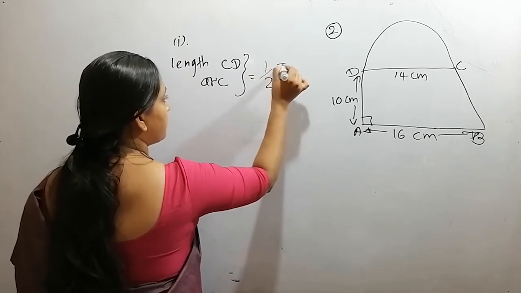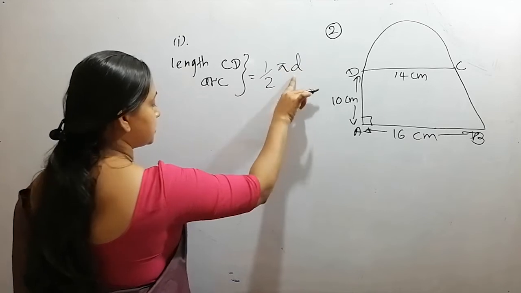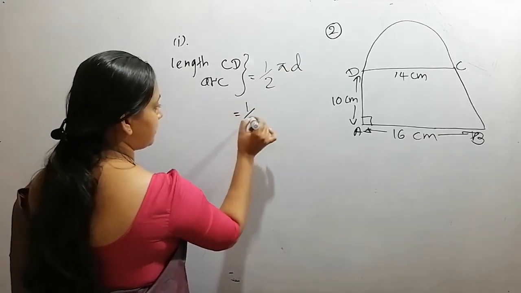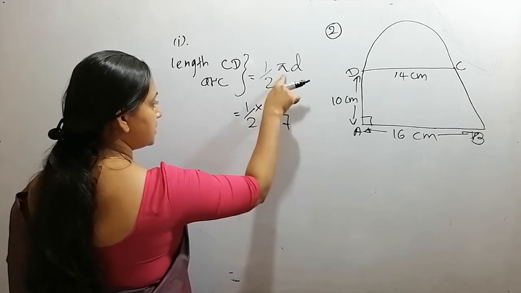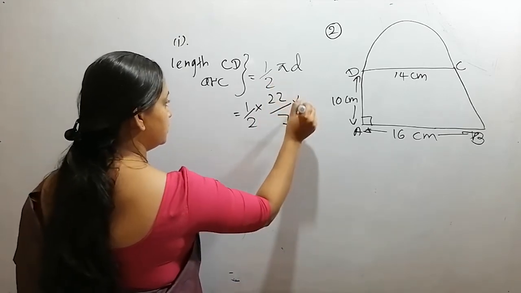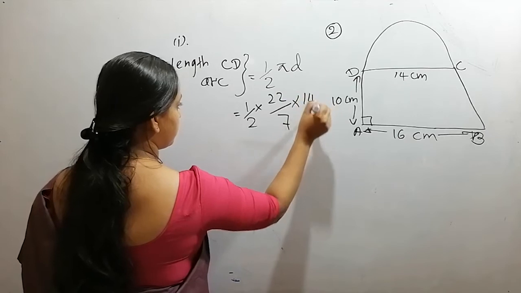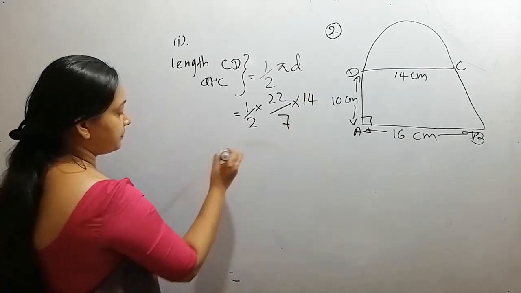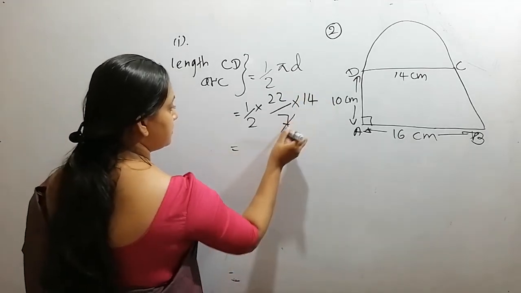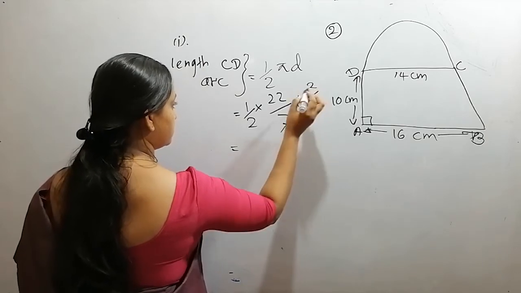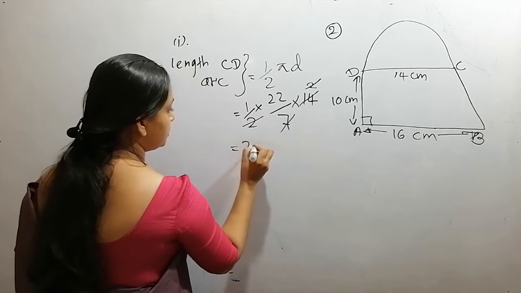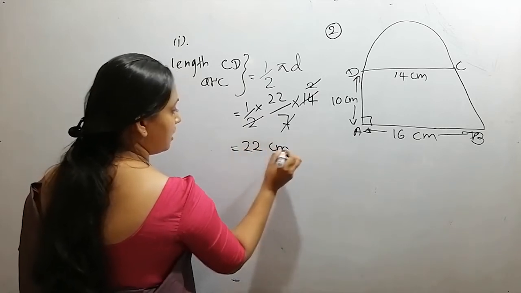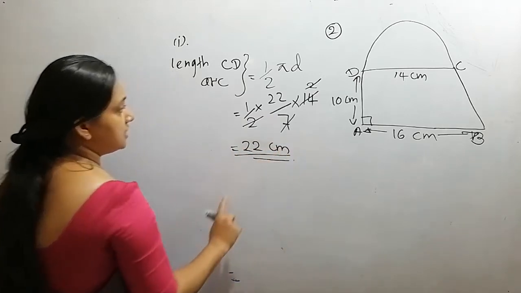Half into pi d. This is the diameter. Then we can simplify. Half into 22/7 into d, the diameter, 14 centimeters. Then simplify. If we divide by 7, here 2, then the 2 will be cancelled out. The 22 centimeters is the arc length of the CD.